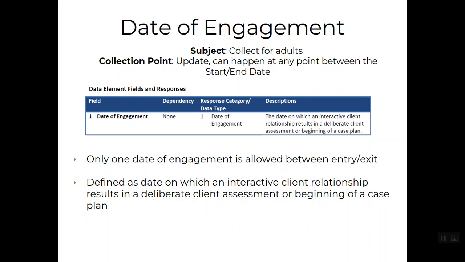Date of engagement, again, collected for adults. The date of engagement is really the date on which an actual interaction with a client develops into a relationship that then results in a deliberate client assessment or the beginning of a case plan. Engagement really does come up more on the street outreach side, especially for federal partner funded street outreach programs.